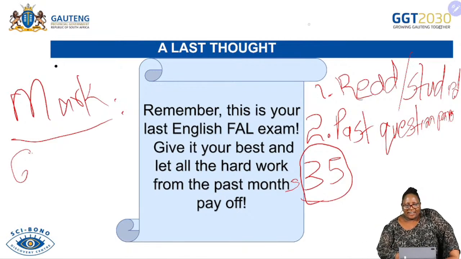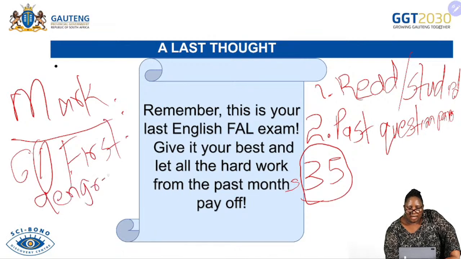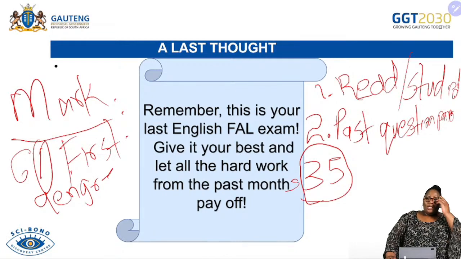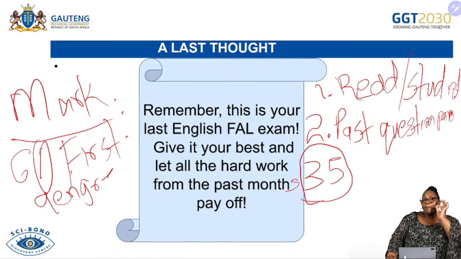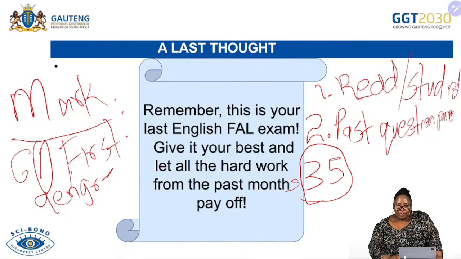When you are satisfied that you have mastered the first genre, you continue with the second genre. You test yourself, you mark for yourself, and you see how many marks you will earn. And I hope that will help you a lot.